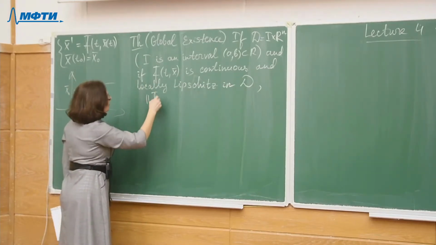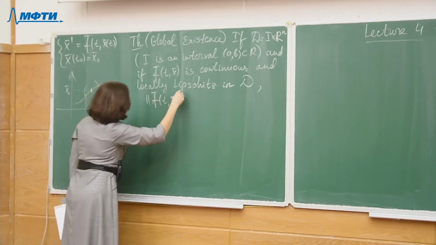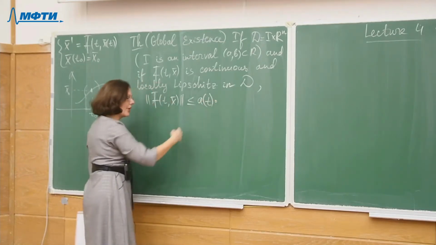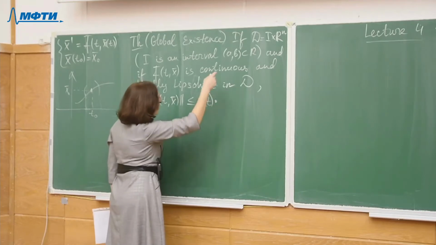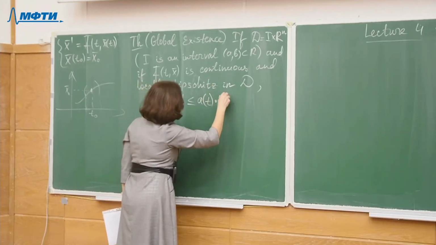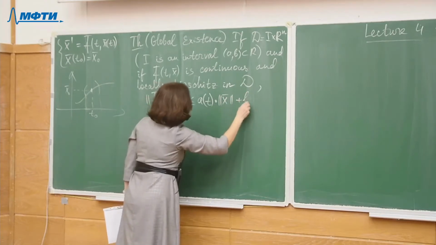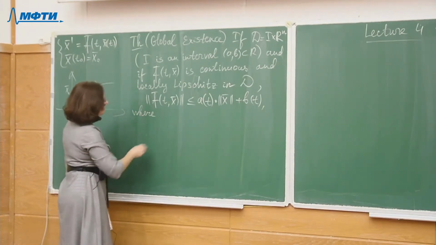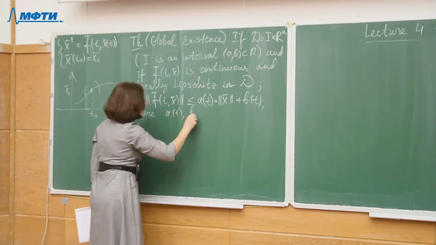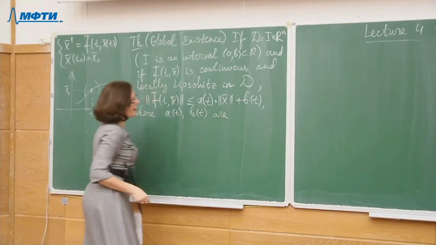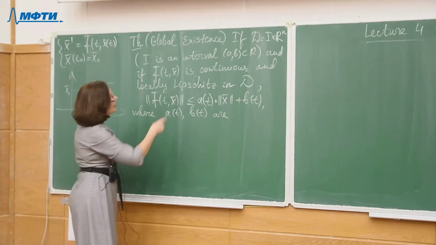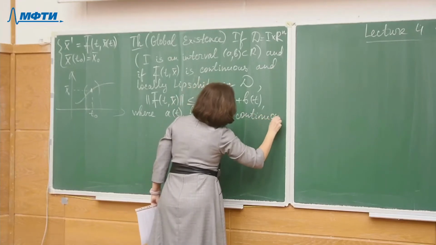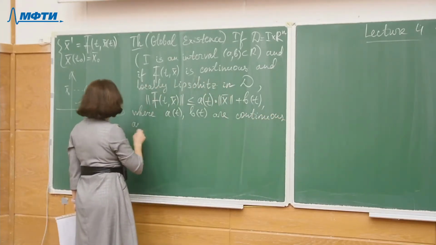So the norm of f(t, x) doesn't exceed the product a(t), which is some function in I, times the norm of x, plus b(t), where a(t) and b(t) are continuous and non-negative functions in the interval I.